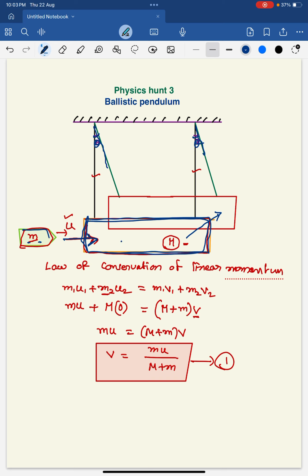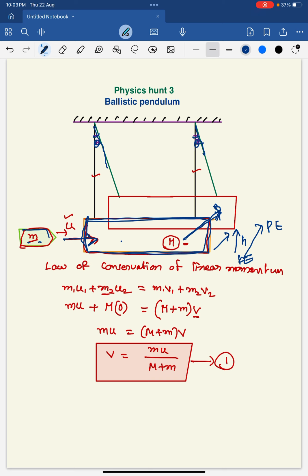As the block moves from the original position to some height, the kinetic energy is converted into potential energy, because the wooden block rises to a height h. Whenever height is present, potential energy develops, right? So kinetic energy is converted into potential energy. Kinetic energy is lost, and potential energy is gained.